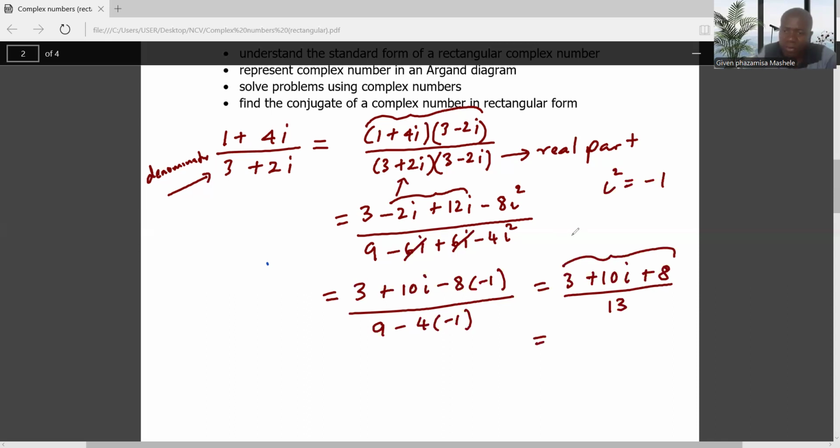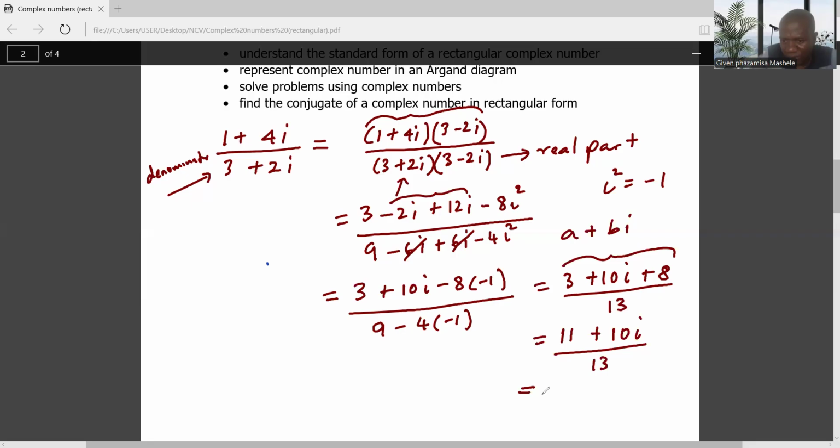Let's now rearrange this to be in a standard form. We want it to be a plus bi. So let's rearrange, then 8 plus 3, this gives us 11 plus 10i divided by 13. Remember, the reason we multiply by the conjugate, we want the denominator to be a real value. So now we're going to divide everything by 13.